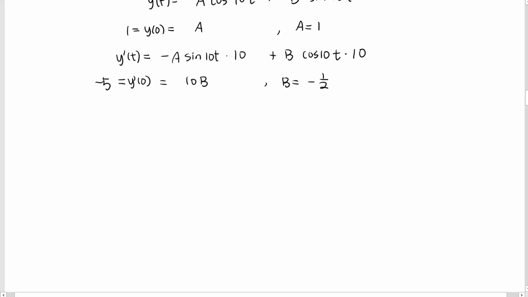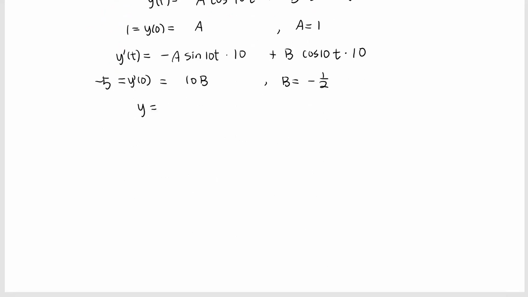Now, we remember our formula. We want to express y in terms of c cosine omega 0 t minus alpha. So this is what we want the solution to look like. Then what is c? Well, c is square root of a squared plus b squared. A squared, 1 squared, right?